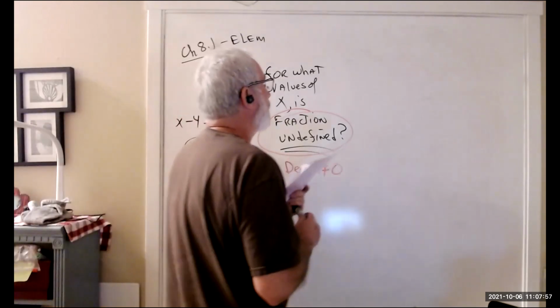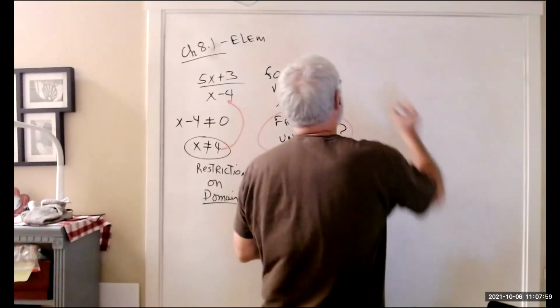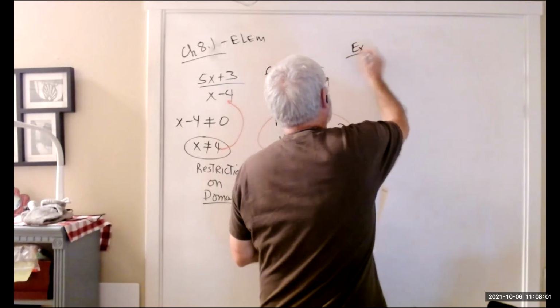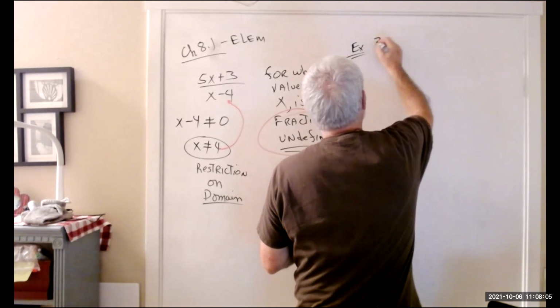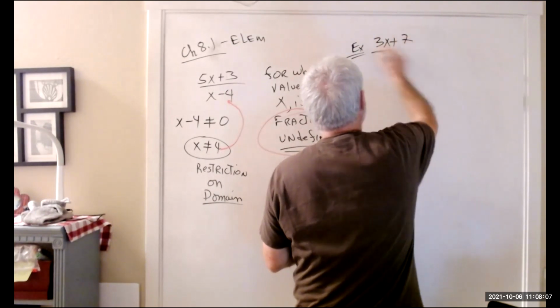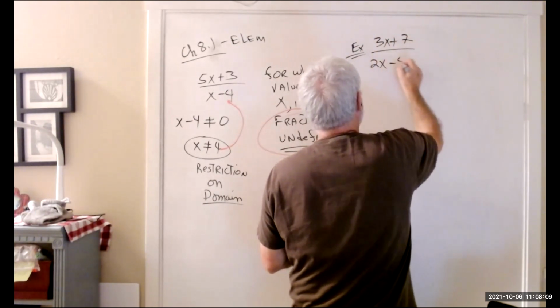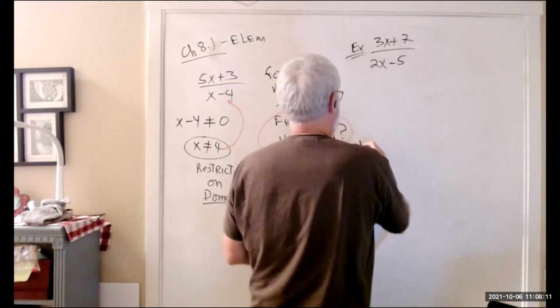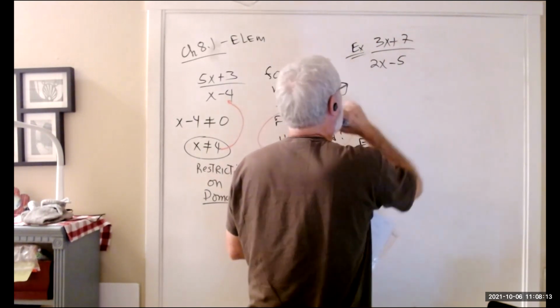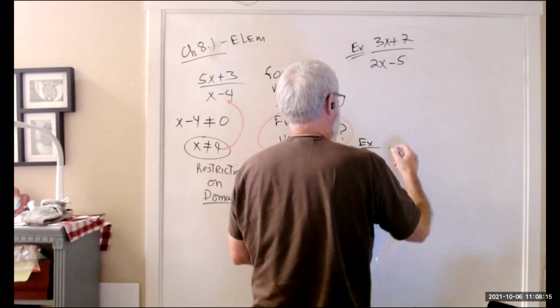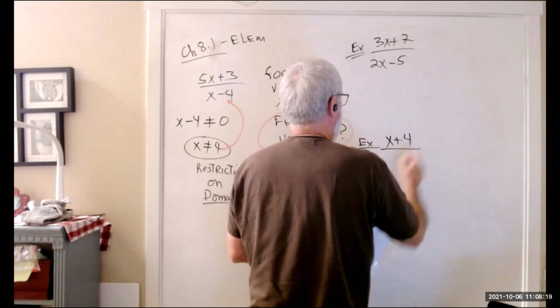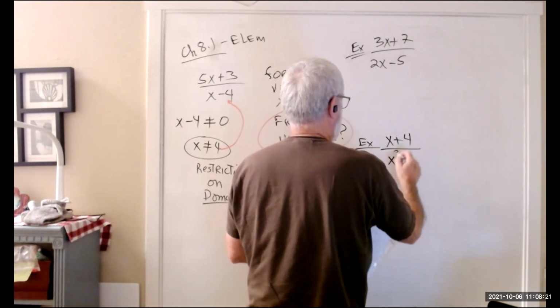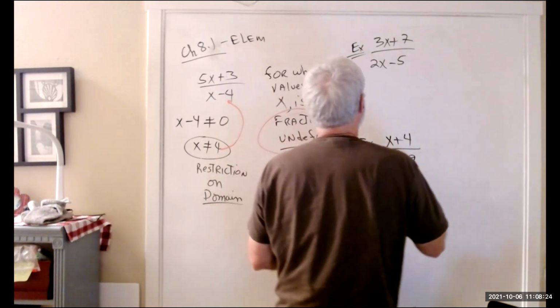So let's take this one. Example. 3x plus 7 over 2x minus 5. And another example, x plus 4 over x squared minus 9.